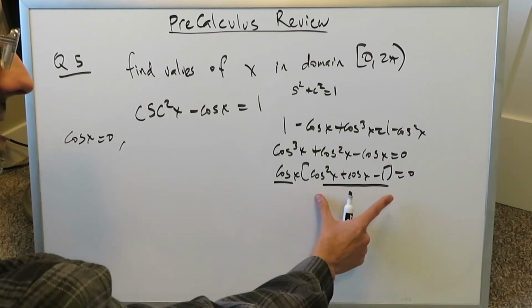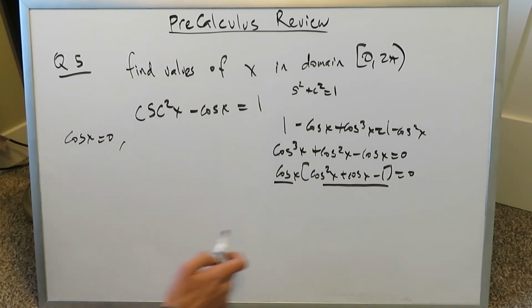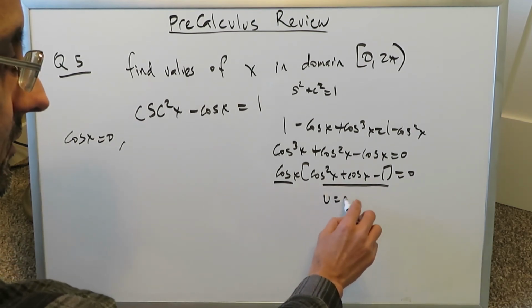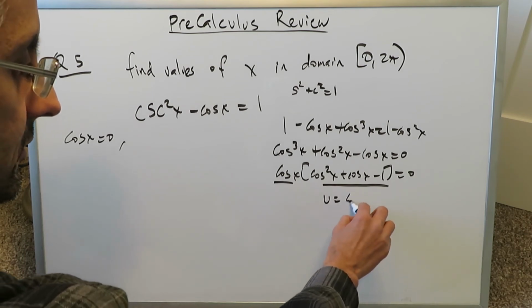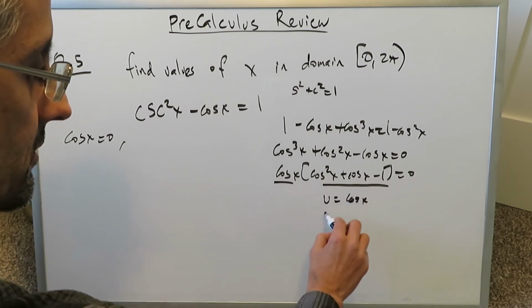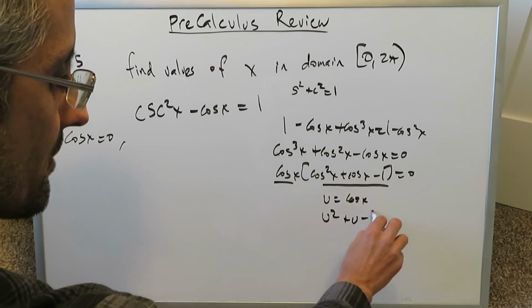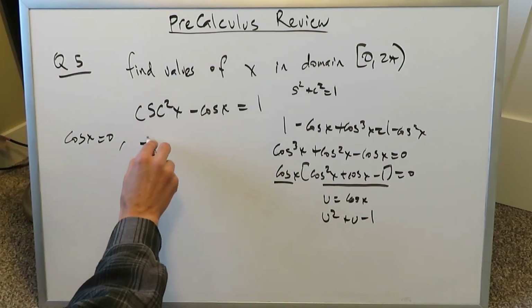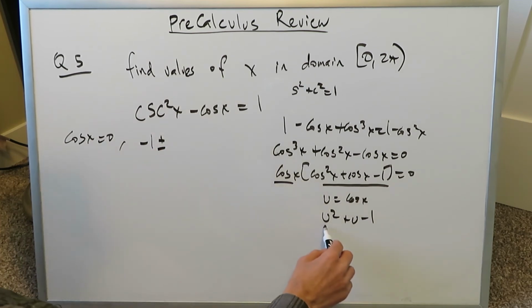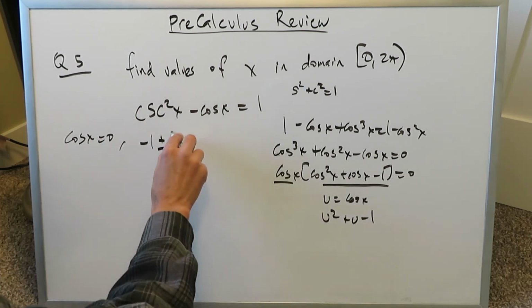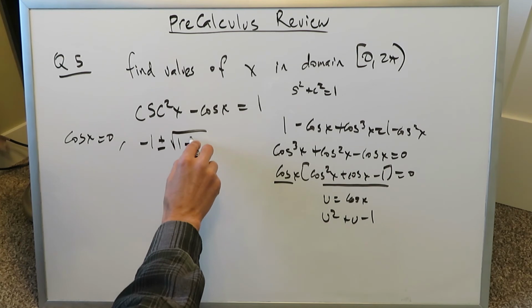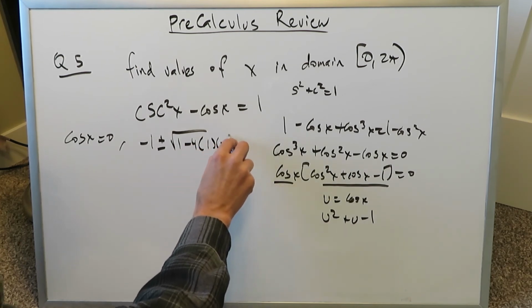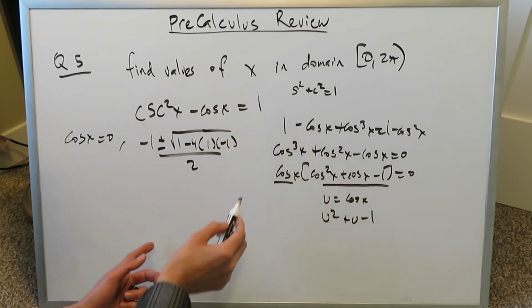You can't really factor this out, you have to use the quadratic formula. If u is equal to cosine x, then you're looking at u squared plus u minus 1. You have to send that to the quadratic formula: minus 1 plus or minus the square root of 1 minus 4 times 1 times minus 1, over 2a.